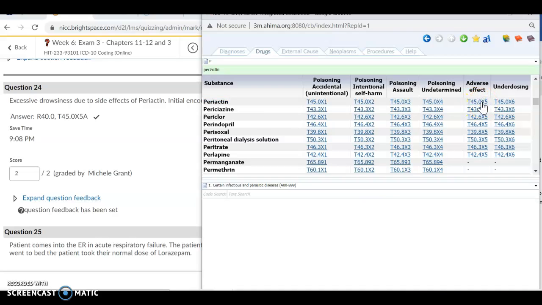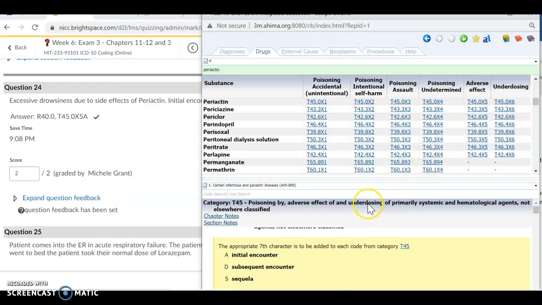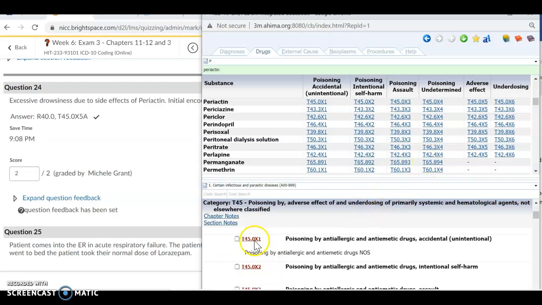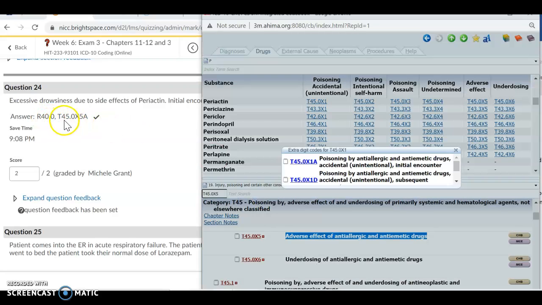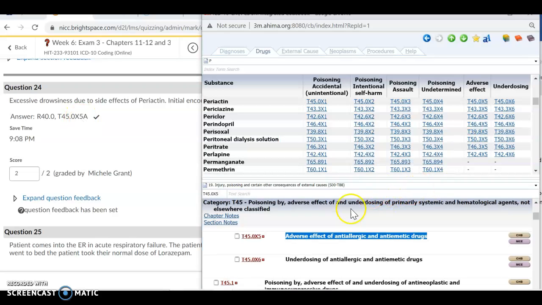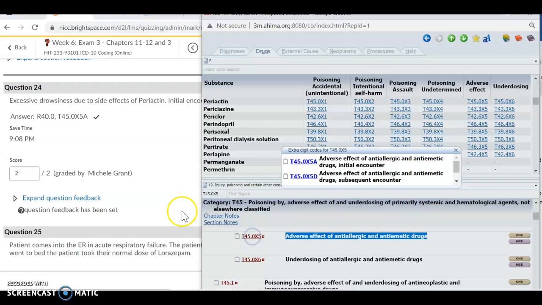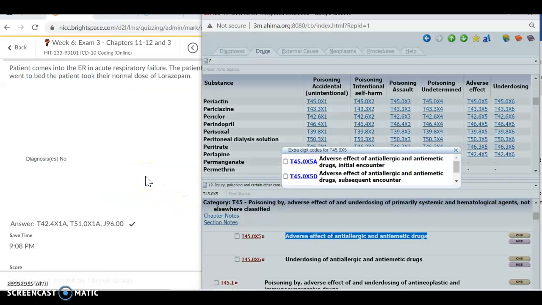One thing I did notice with some students, you weren't adding that seventh character, and I did take a half a point off, okay? So it should be T450X5A. I hit the wrong one. All right, so let's go on to the next one.